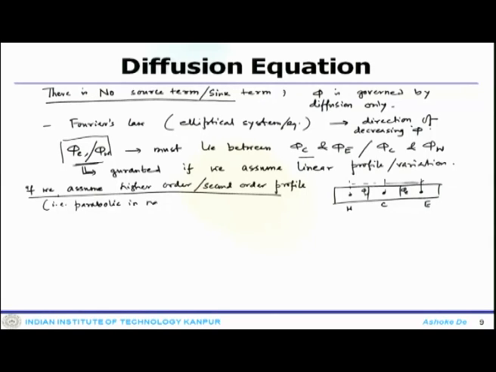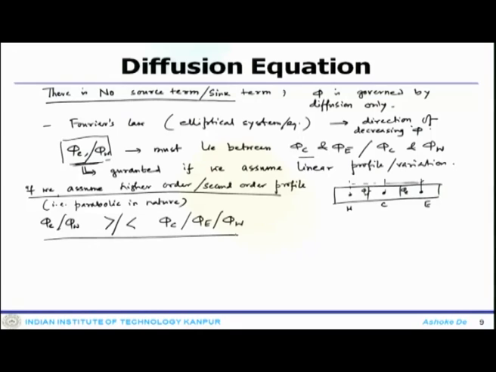Once you assume some higher order profile, these surface values, small phi e or small phi w, can possibly be higher or lower than phi C, phi E, or phi W, which is absolutely possible because of the assumption of the higher order profiles.